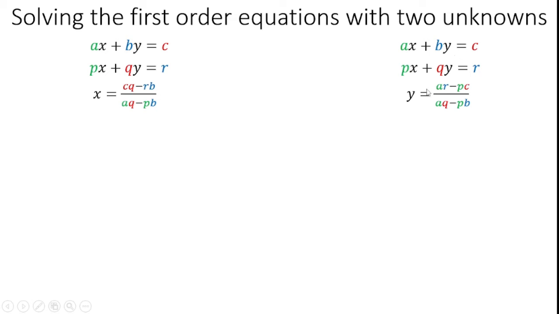Here, if I want to find the y variable, I multiply the right hand side variable with the x coefficient, so that a into r, after that minus p into c. So I utilized the x coefficient values for identifying the y variable value.